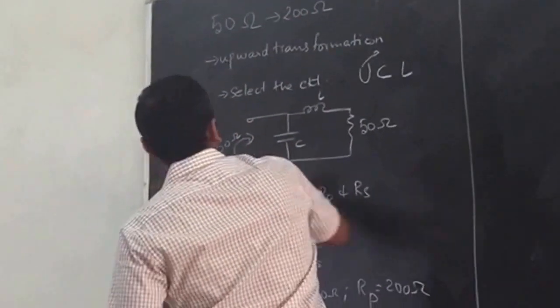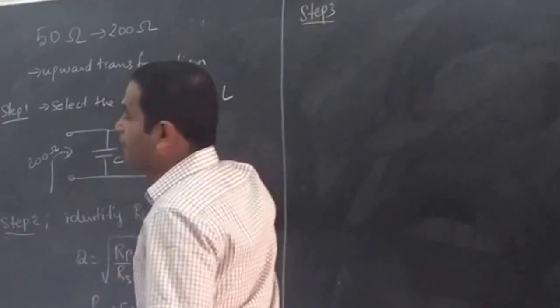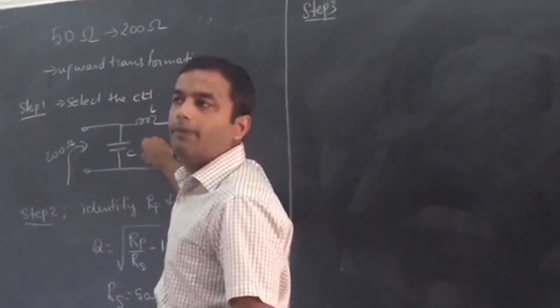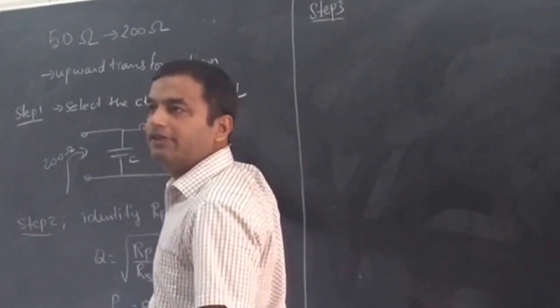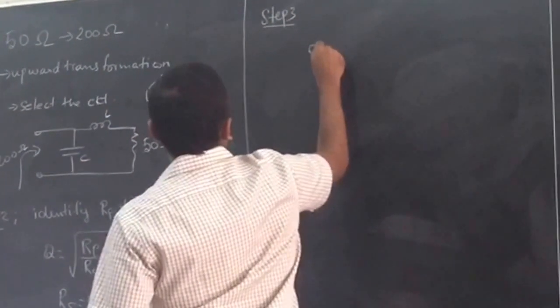This is step 2. Next step is step 3. Convert this series branch into a parallel circuit. I'm going to redraw the circuit.